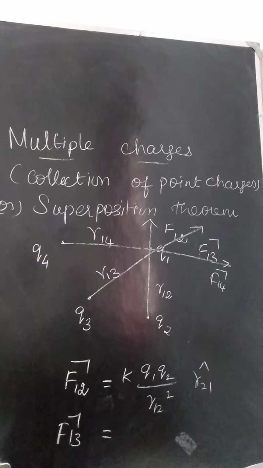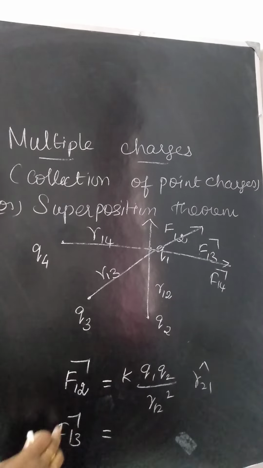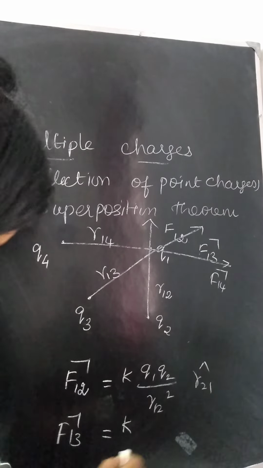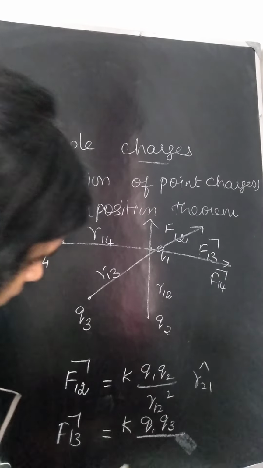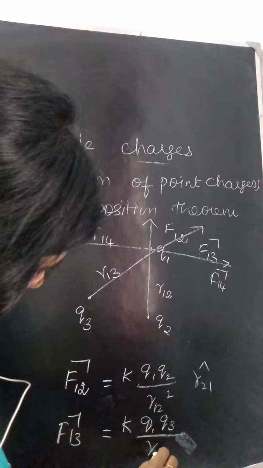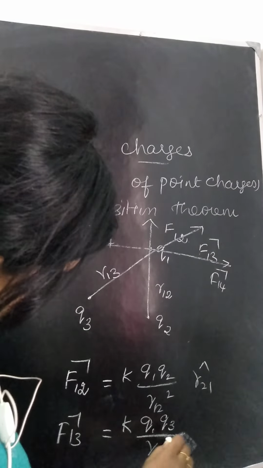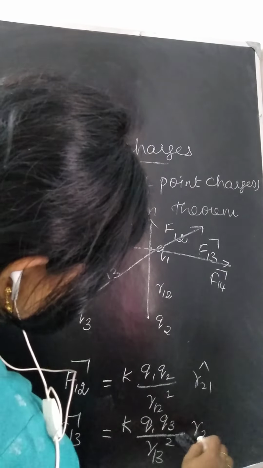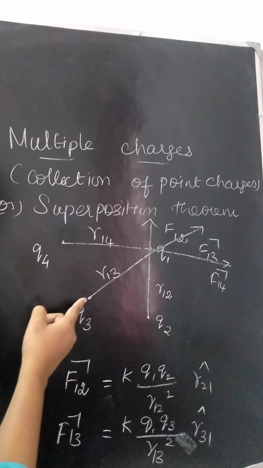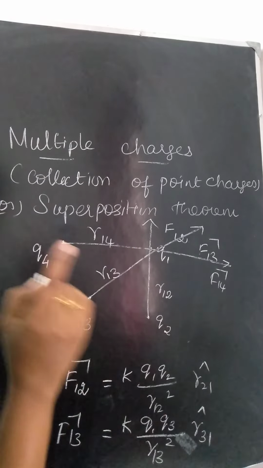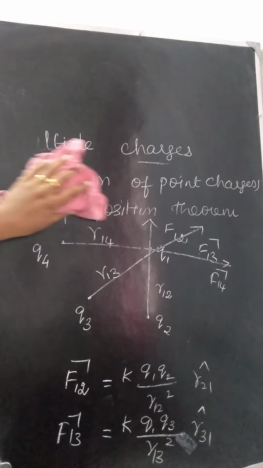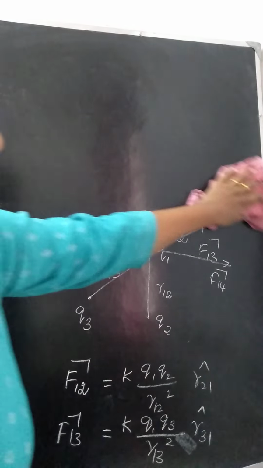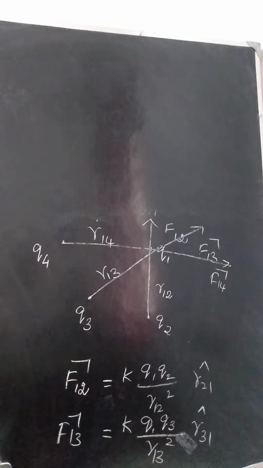Tell me the value of F13 then. That is K into Q1, Q3 divided by R13 square into R31 cap, right? It starts from 3 and ends at 1. R31 cap. Getting? How to write? So similarly, next one. Here I took 3 charges, right? Q1, Q2, Q3, Q4.